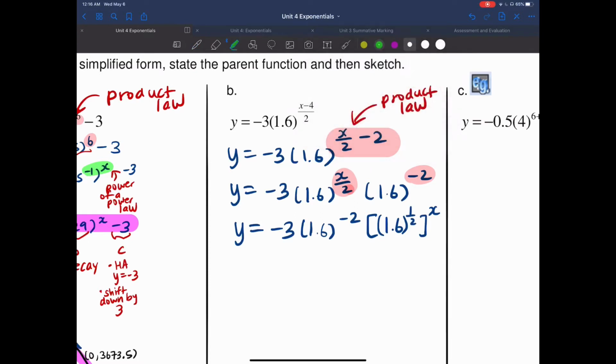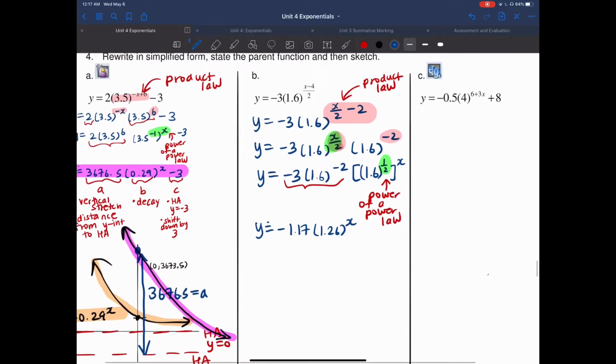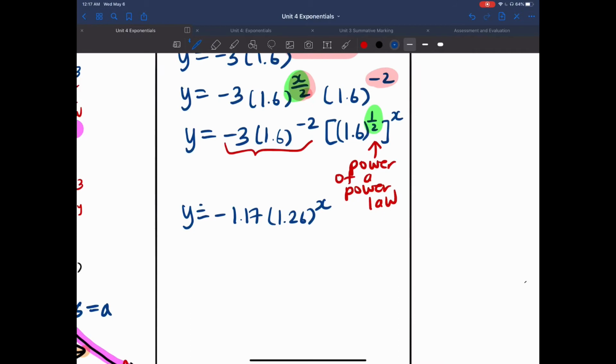All of that is due to the power of a power law. So as the next step, I get y is equal to approximately -1.17 times 1.26 to the exponent x. And so I'm going to be able to say that is my a value, this is my b value.